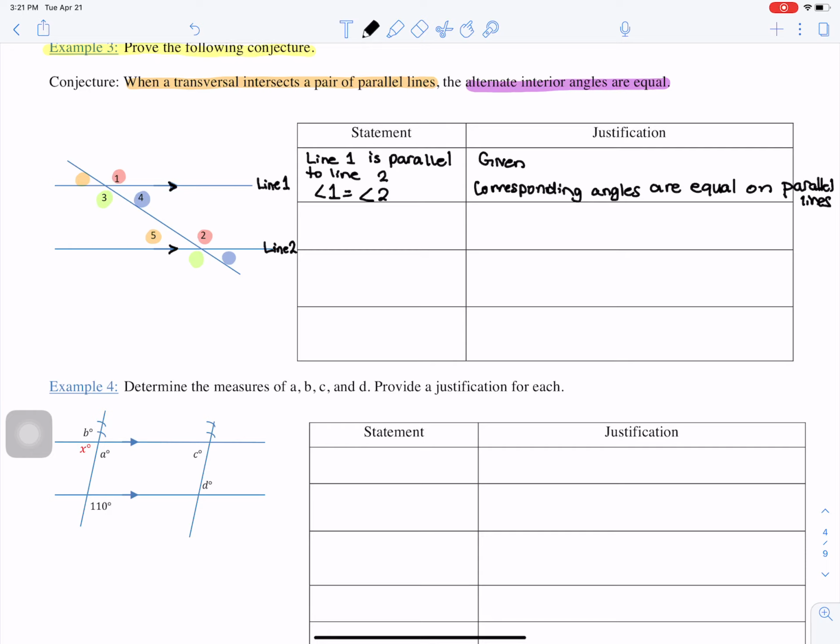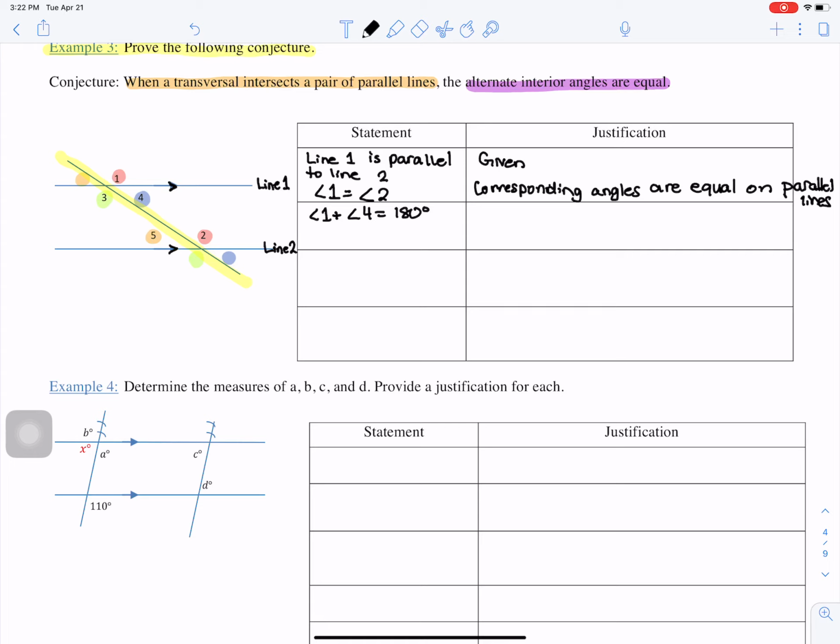Now what I'm going to look at is the transversal line itself. I'm going to highlight in yellow. Now you're going to notice that on the top, angle 1 and angle 4 are being formed using the straight line rule. So I'm going to say angle 1 plus angle 4 has to add up to 180 degrees.